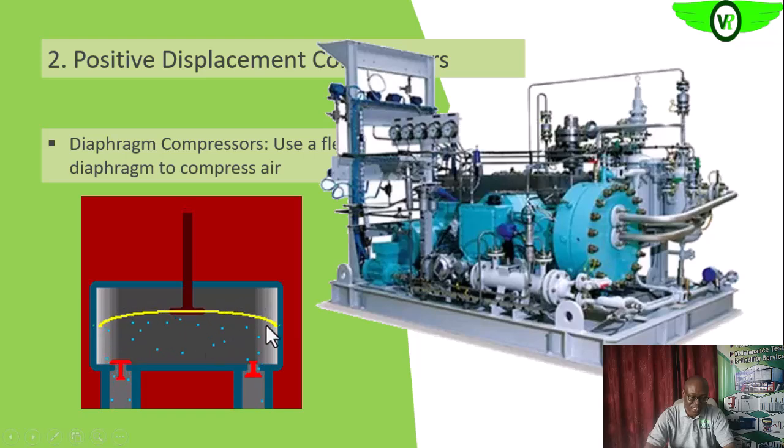So you see this is the diaphragm, this yellow. As it's moving away, that reduces the pressure, that opens up the suction valve, admits gas into this chamber, and then as it's moving out, it compresses it. That increases the pressure because we reduce volume, and the discharge valve opens up.